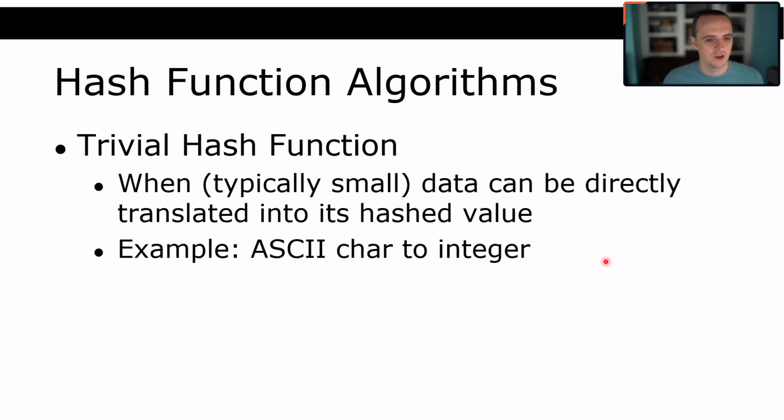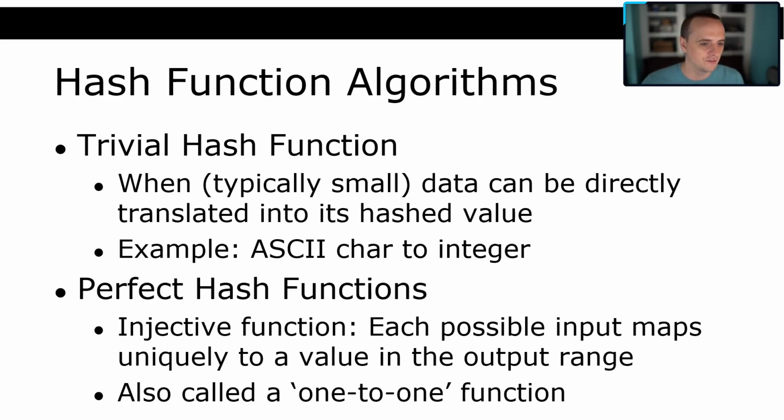For example, if you have a character like A, B, C, D, and you just one-to-one map those into integer values, so A is 1, B is 2, C is 3, etc. Right? So you're making up a secret code for your secret crush in elementary school or something like that. That's a trivial hash function.